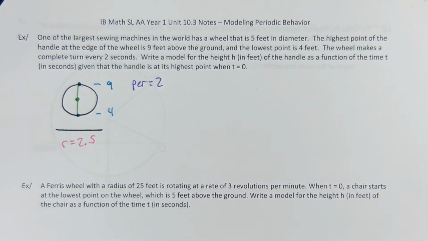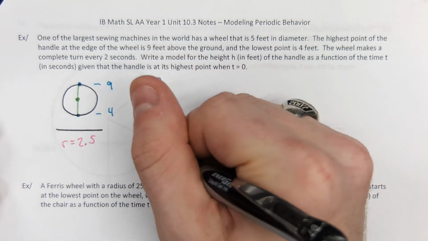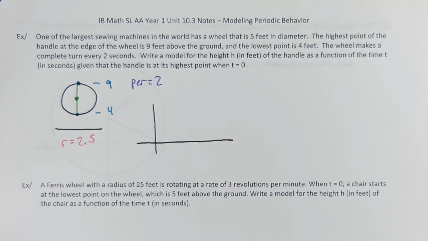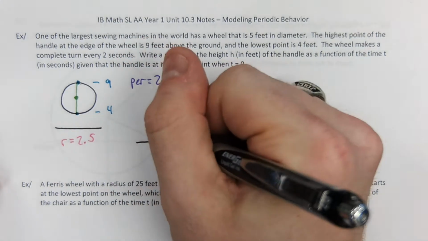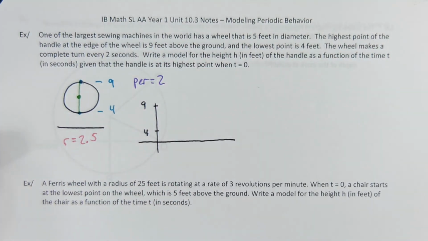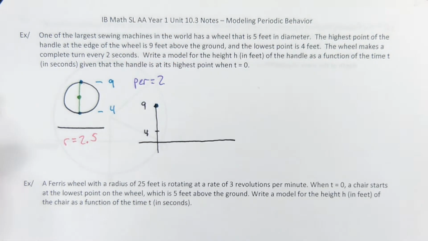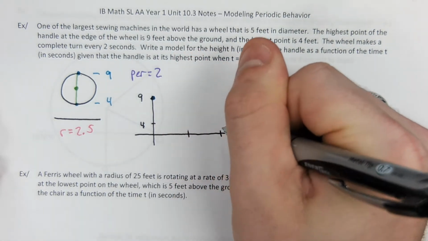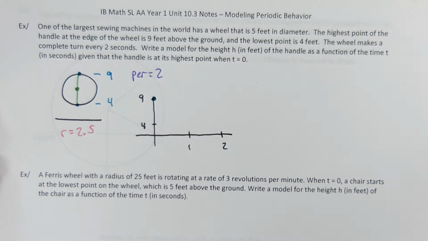Cool. We need to come up with an equation for this system, and I think the easiest way to do this is to draw a sketch of the graph and plot out some of its points. At time equals 0, it is at its highest point. Lowest point is 4, highest point is 9. Because the period length is 2 seconds, 2 seconds later it's going to be at its highest point again.